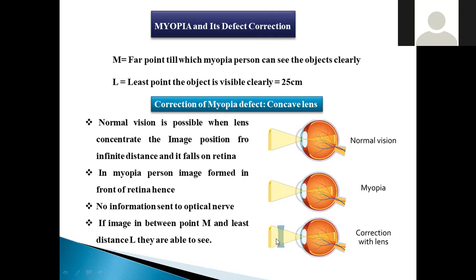This will concentrate the image and extend the picture, and it falls on the exact position of the retina. So this concave lens is used to extend the image and it exactly falls on the surface of the retina, so that the vision is very clear. Now, by using this external concave lens, it is possible to correct this myopia.